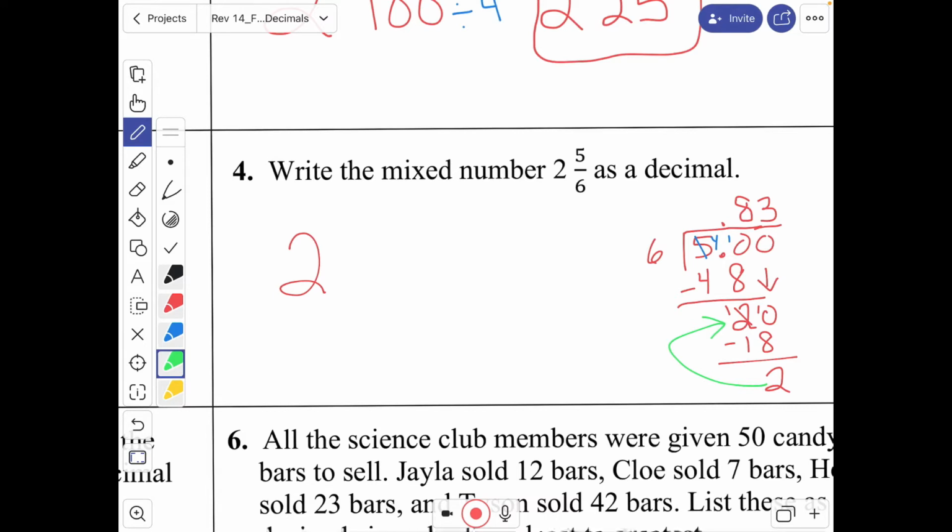So only the last digit is repeating, so the last digit gets a repeating bar. Sometimes I call it a hat because it kind of looks like a hat. So it's 2.8, 3 with a repeating bar over the 3. 2.83 repeating.